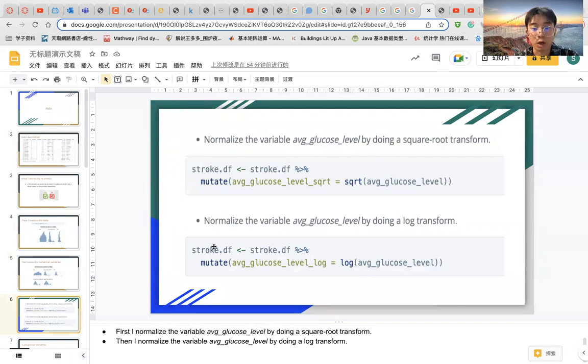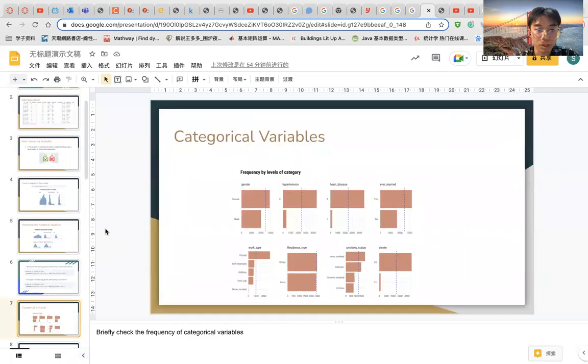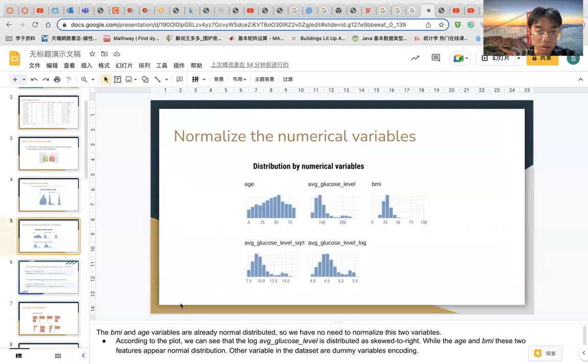After that, I compare these two methods. Based on the plot, we can see that the log transformation still appears skewed to the right, while the age and the BMI features appear normally distributed. Other variables in the dataset are dummy variable encodings.